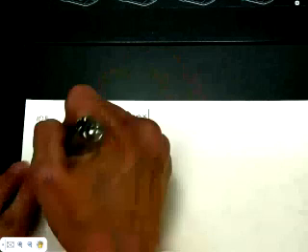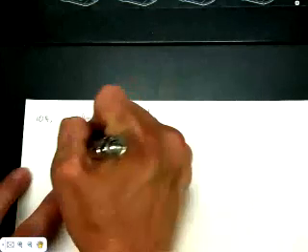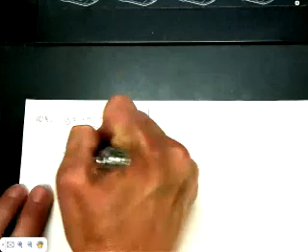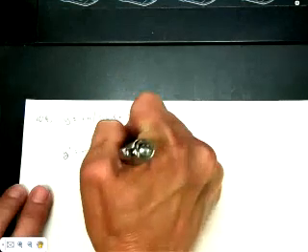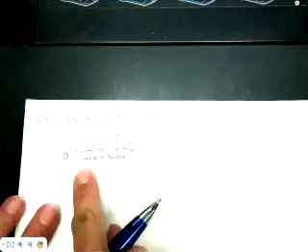The derivative of natural log of ugly is 1 over same old ugly times the derivative of the ugly.